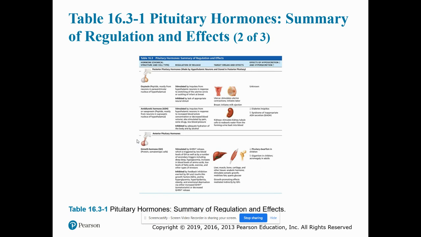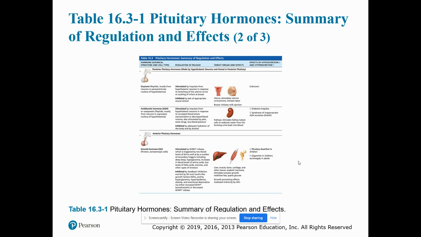So this table, and I showed you earlier for the posterior pituitary, this table really breaks down all the different hormones and what their effects are. So you are welcome to look at this. I'm not going to go over this again because I just went over this, but you can see that we have, starting off with growth hormone, the target organs are the liver, the muscle, the bone, cartilage, other tissues.